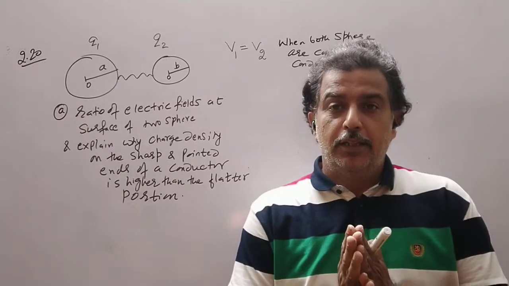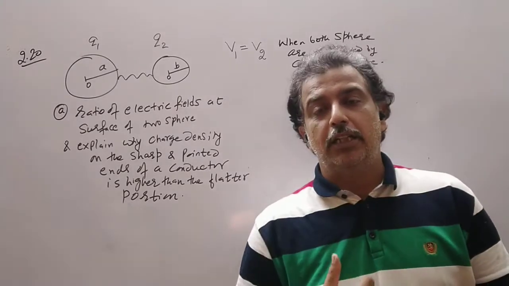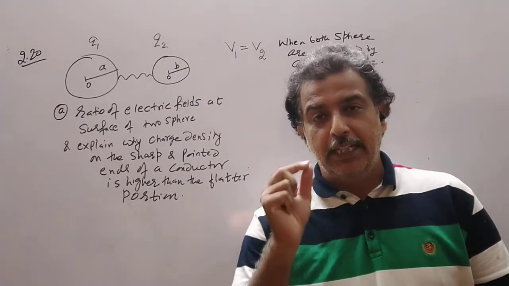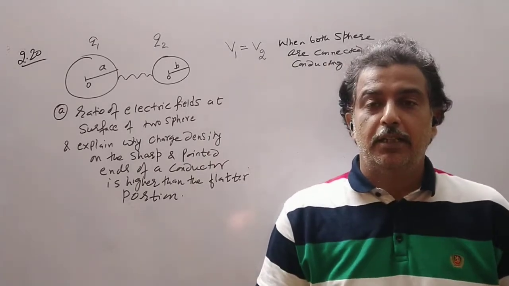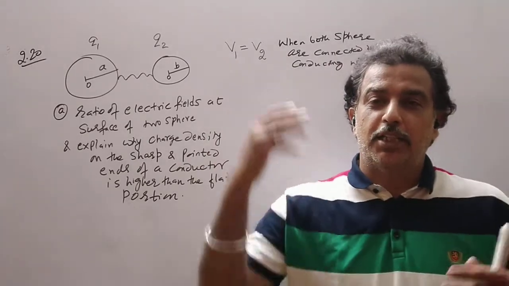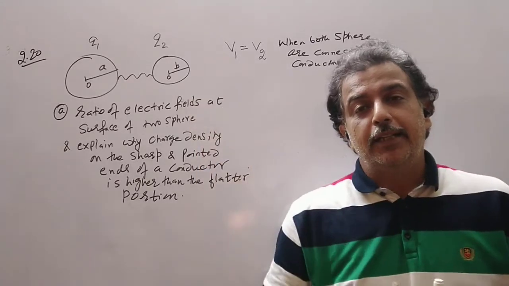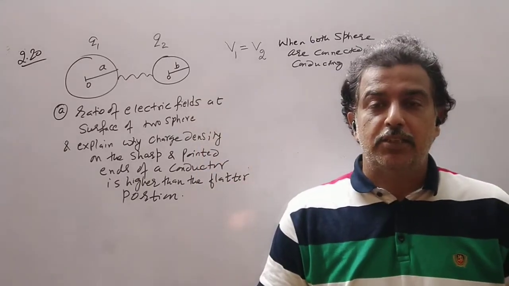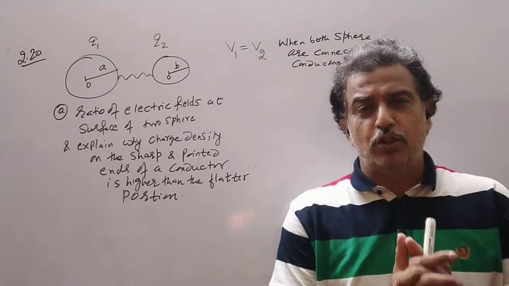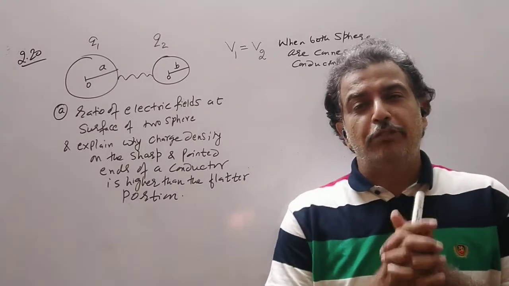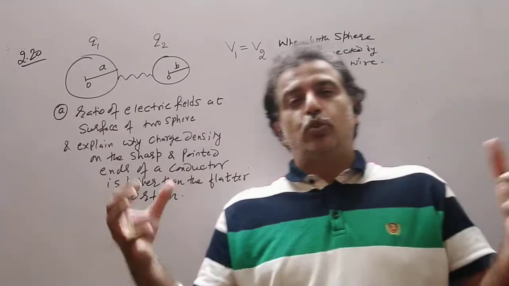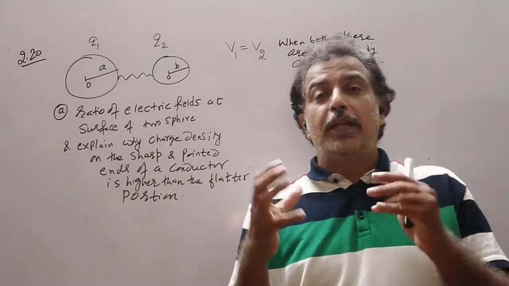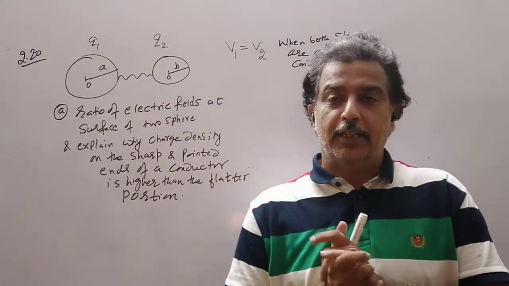we will see that an individual sphere can also behave like a capacitor, assuming the other sphere or the other plate is at an infinite distance. But the capacitance of such a sphere is very, very low. It is not necessary that two spheres or two plates kept parallel to each other behave like a capacitor.